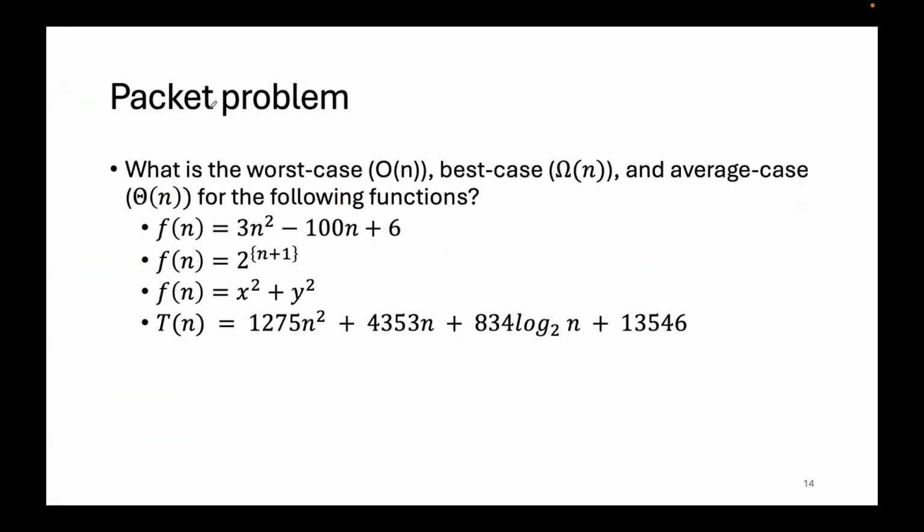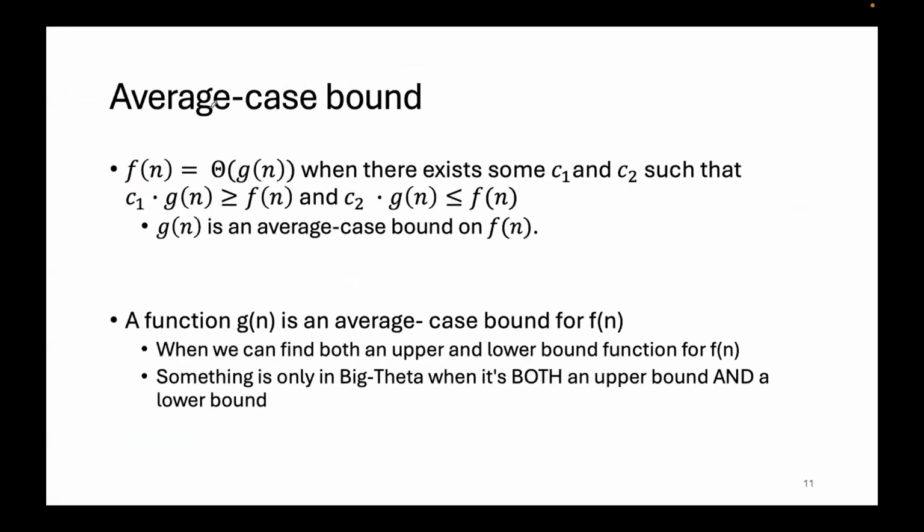Because remember, the definition is we're looking for some C1 and C2 such that some function multiplied by that first constant past a certain point is going to be greater than our original function. And we're looking for some constant C2 times that same g of n, where everything past some n naught is going to be less than everything that f of n is going to give us. Have we done that?